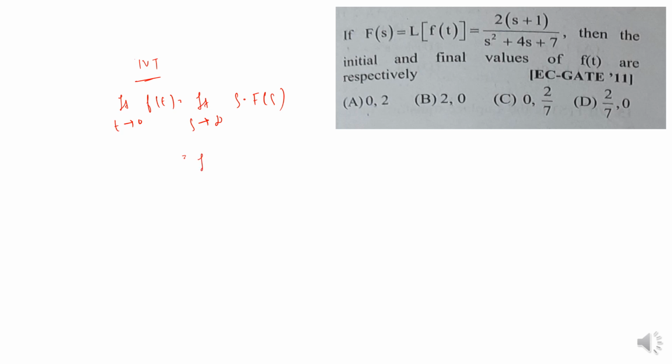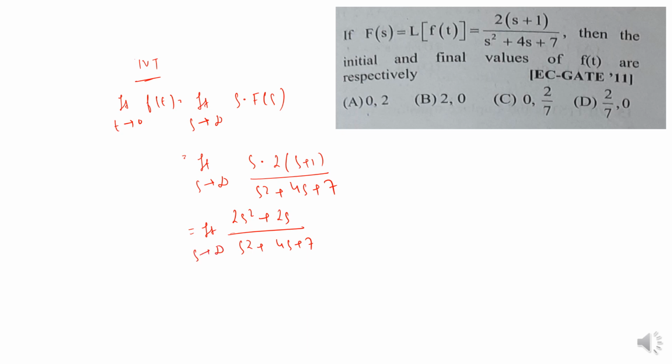So limit s tends to infinity of s into (2 into (s plus 1)) by (s square plus 4s plus 7). Now how do we solve it? It is like (2s square plus 2s) by (s square plus 4s plus 7).